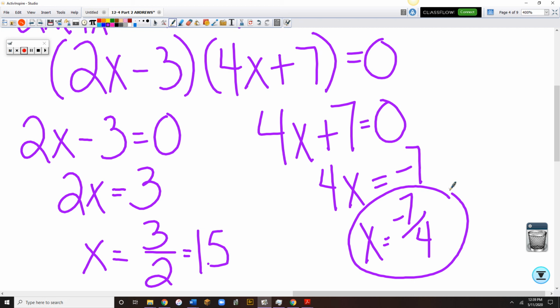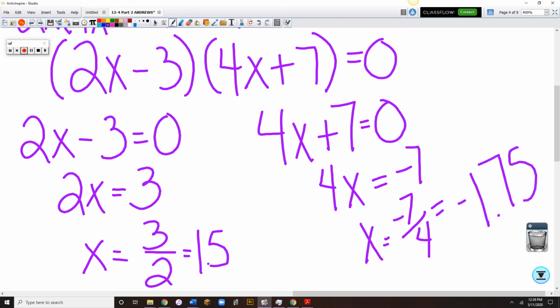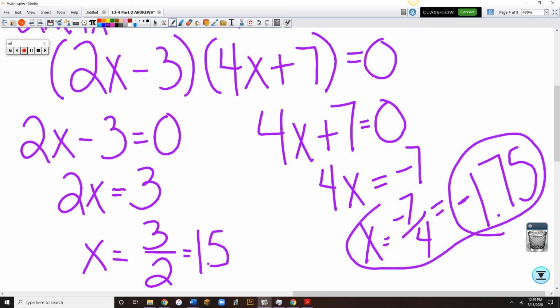No, that's a lie. I'm thinking of dividing by 7. Just kidding. You can leave them as fractions if you want. Negative 7 divided by 4 is negative 1.75. But either way.